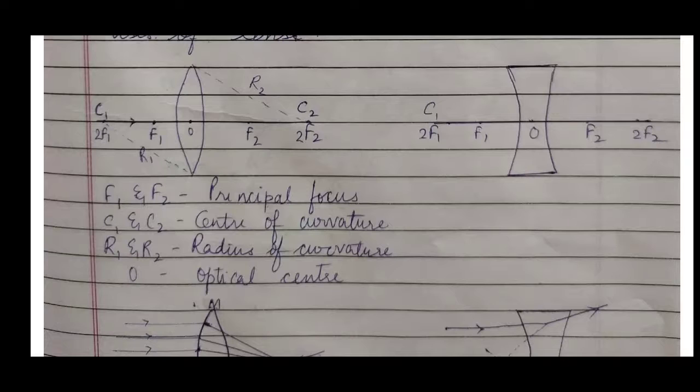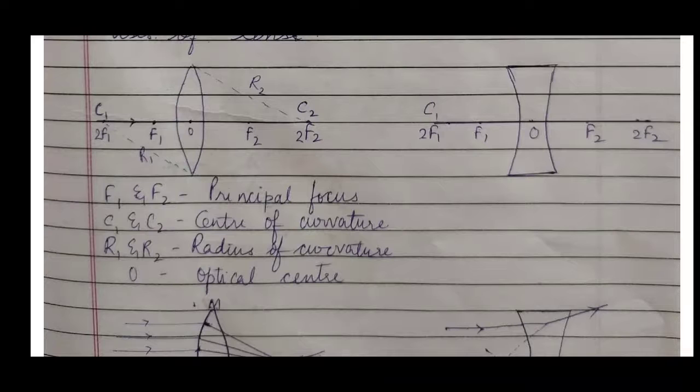And R1 and R2 are the radii of curvature. R1 I have mentioned there, the distance from the optical center O to the center of curvature is R1, that is radius of curvature 1. And above I have mentioned R2, that is from O to 2F2 or O to C2, this radius of curvature. Same is in case of concave mirror, concave lens also.